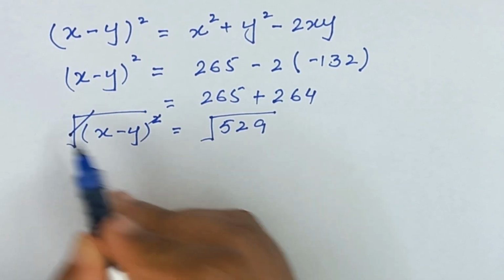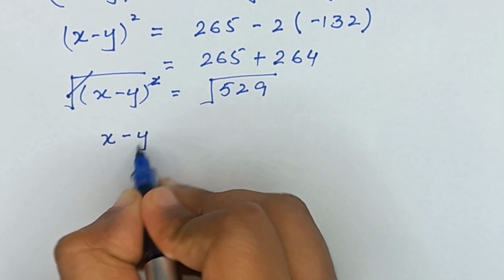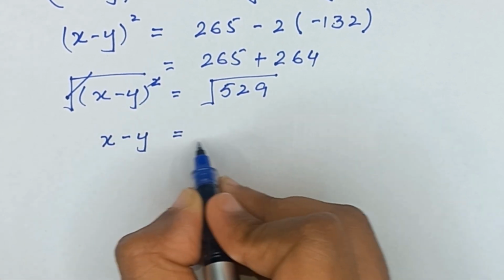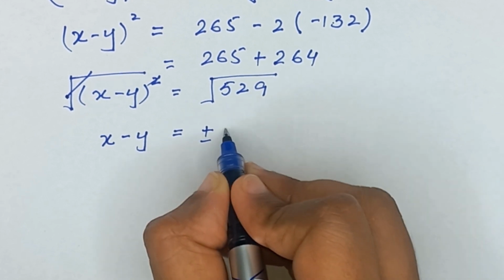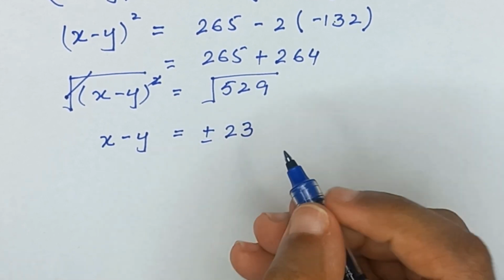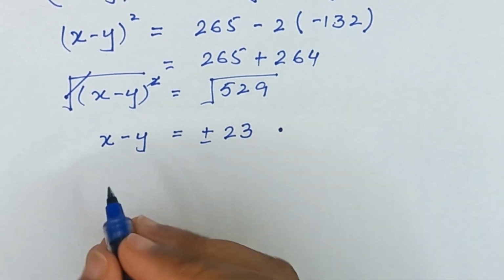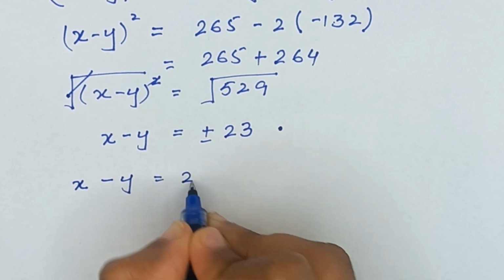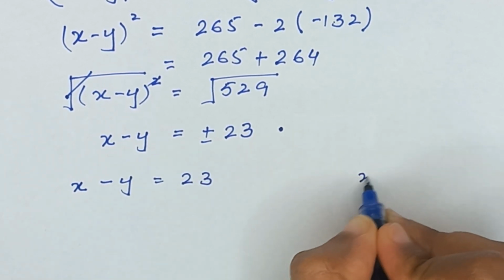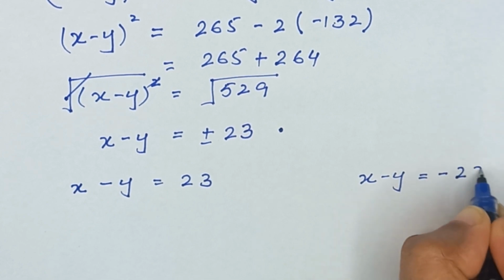So this square and square root will cancel out, and x − y will be equal to plus minus the square root of 529, which is 23. Now here we have two equations: x − y is equal to positive 23 and x − y is equal to negative 23.